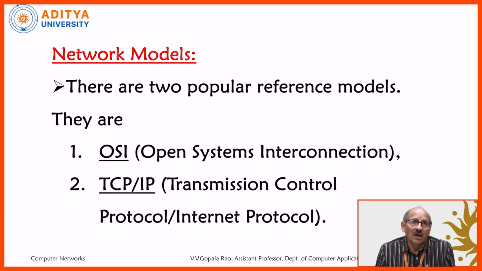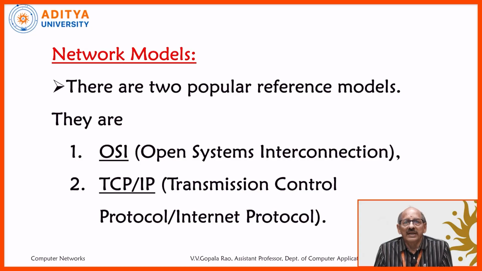Later on, after OSI and its functionality, people had a second thought about reducing the layers to some extent, so another model was defined, and that is called TCP/IP. TCP/IP stands for Transmission Control Protocol and Internet Protocol. More or less, TCP/IP and OSI are similar.